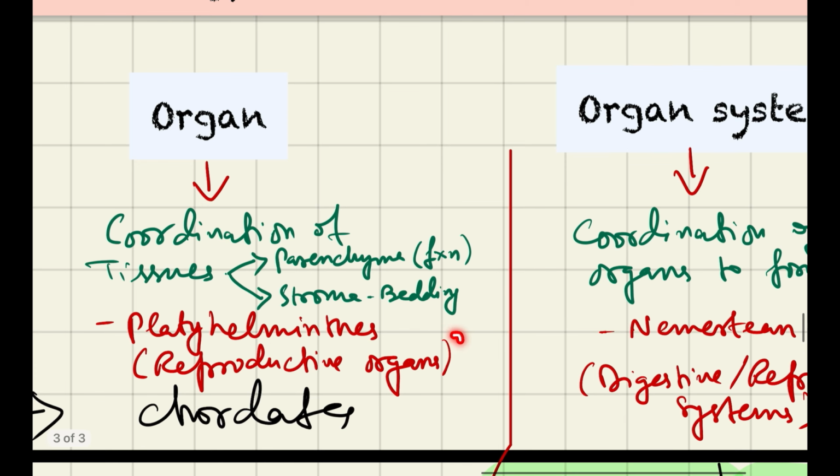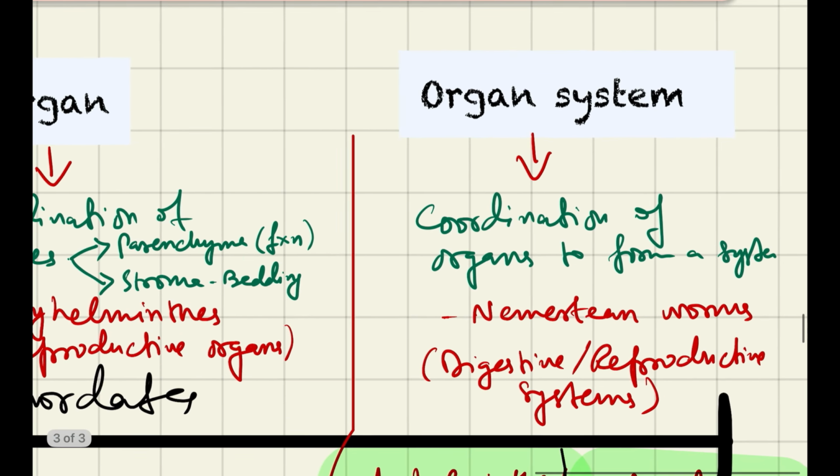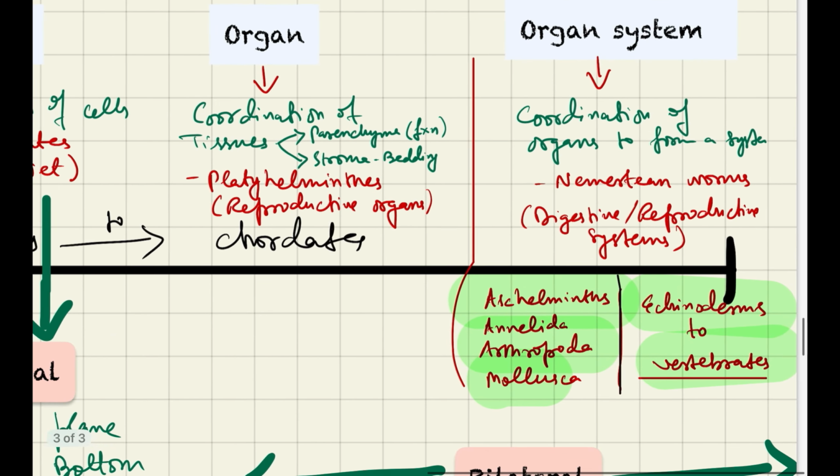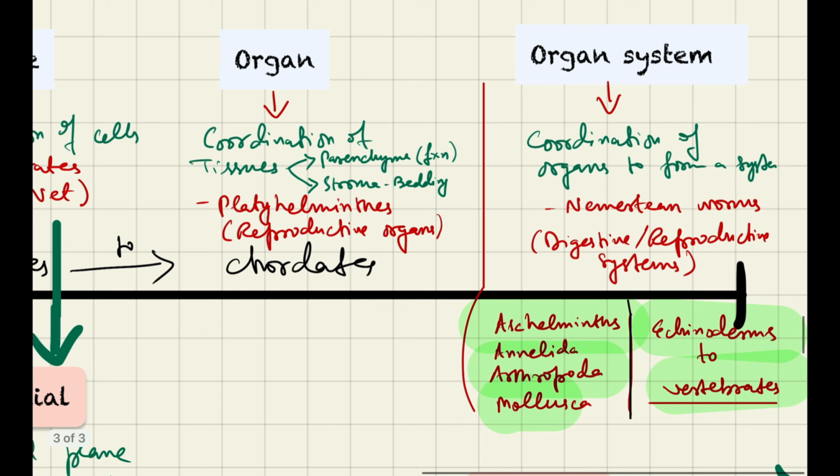Like here there was a reproductive organ, but various reproductive organs come together to form a whole system by the coordination and cooperation of different organs. This way things become more complex but more sophisticated also. It is found in these groups: aschelminthes, annelids, arthropods, mollusks, echinoderms, and all the way up to the vertebrates.